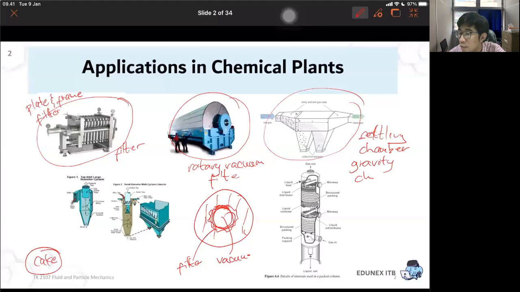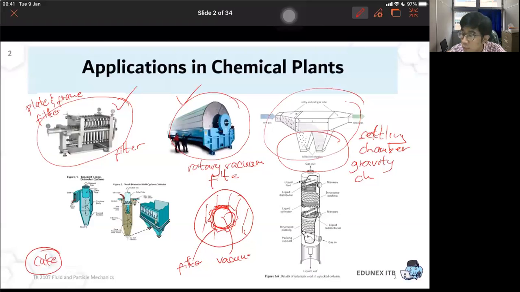For this one and the previous ones, you separate the solid from the liquid. But this one, you separate the solid from the gas flow. So you are using the settling chamber so the solid goes down from this area by gravity.